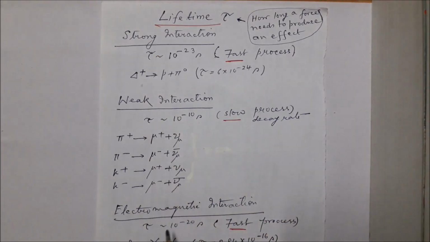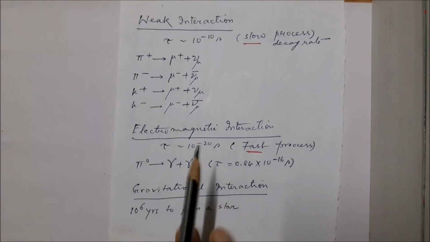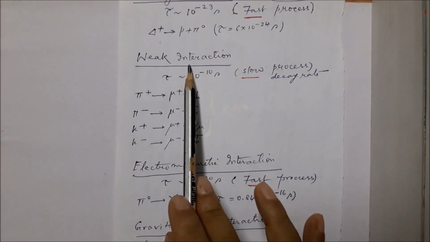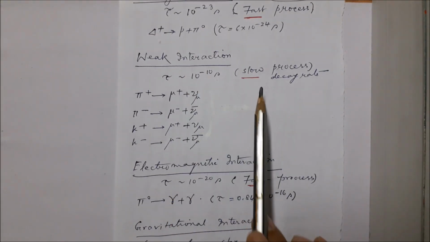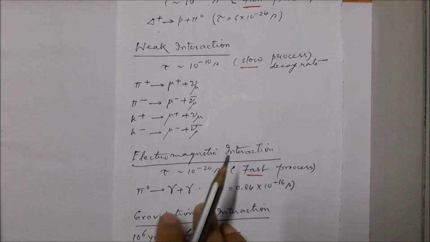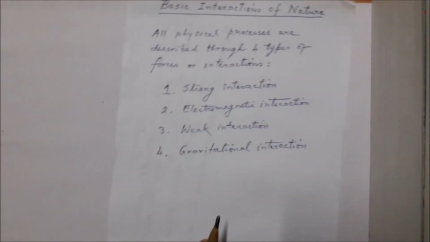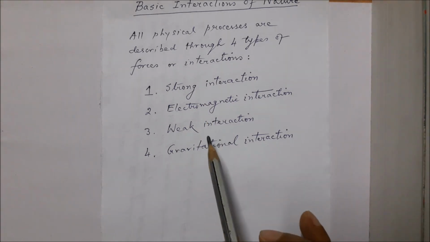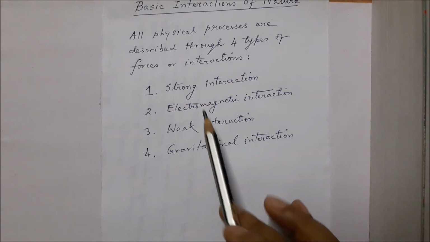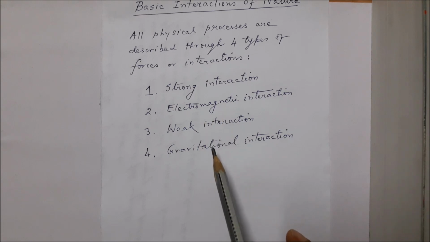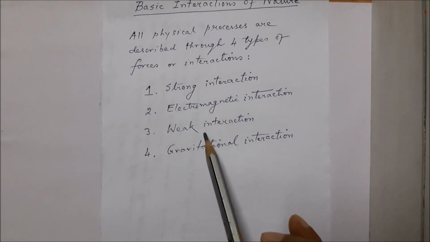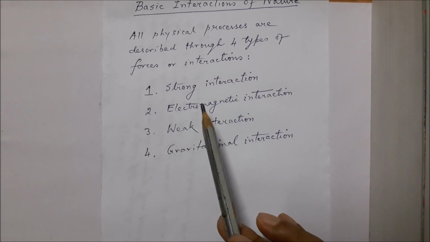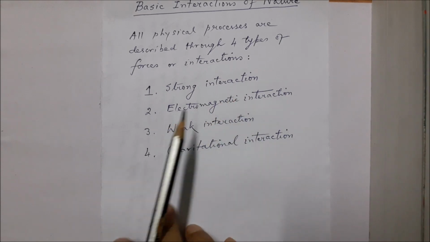Strong interaction is faster, and weak interaction is the slowest of the lot. We now move over to a very important description of these interactions in terms of the force carriers who are presumed to carry this interaction.